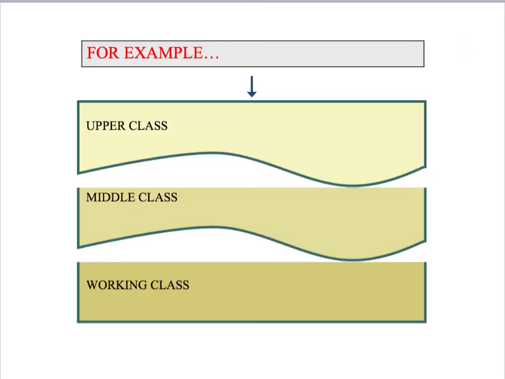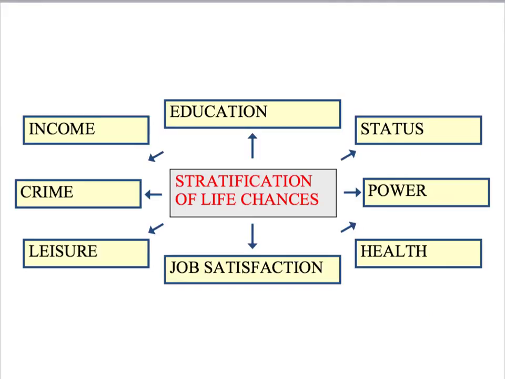So we can talk about perhaps the existence of an upper class, a middle class, and a working class occupying these different social layers within a hierarchy. This is important because people's position within a stratification system is likely to have a significant influence on their life chances.